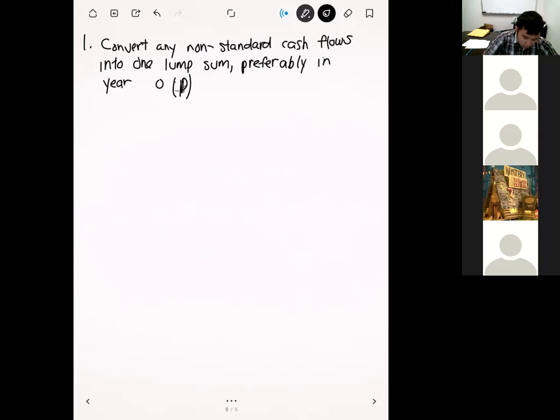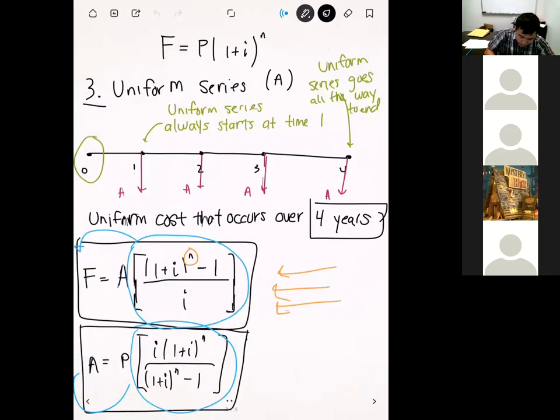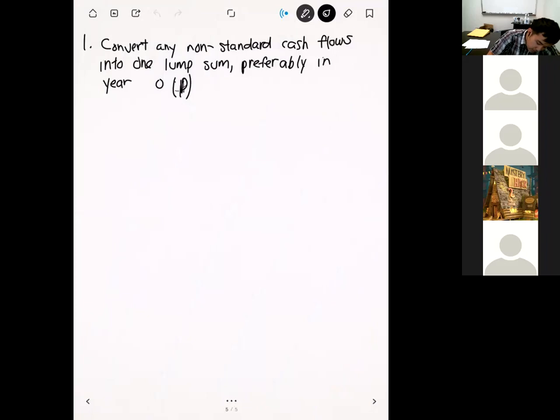If you can convert it back to a present sum, that's usually a good thing. So let's take this uniform series that takes place over 3 years and convert it to a present sum. I'm going to use this formula from the previous page: A is equal to P times i times (1 plus i) to the n, divided by (1 plus i) to the n minus 1.